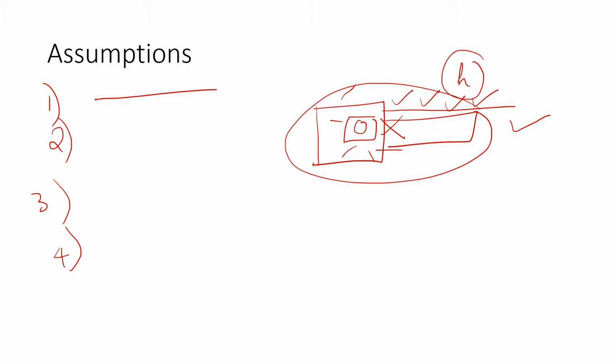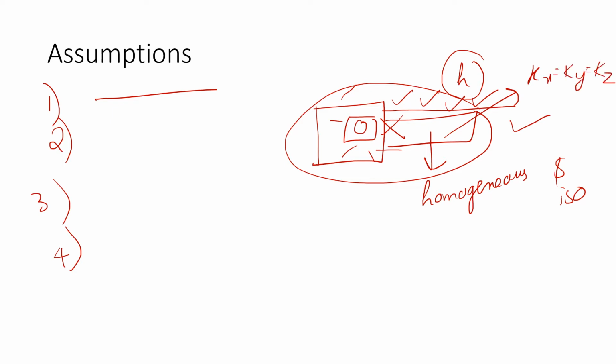This fin material should be homogeneous and isotropic. It means that thermal conductivity of the material should be constant in all directions, that is Kx equal to Ky, that is in all directions x, y and z. The value of thermal conductivity should be constant.